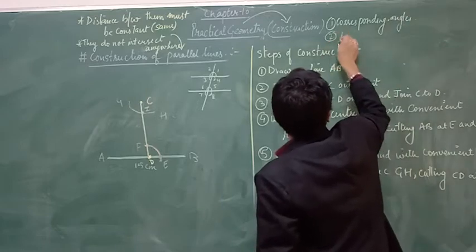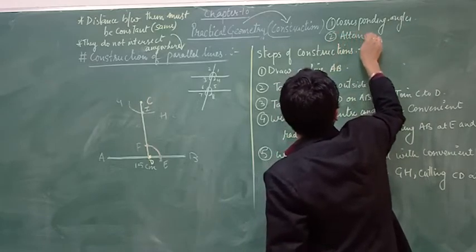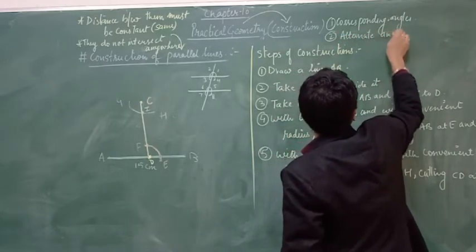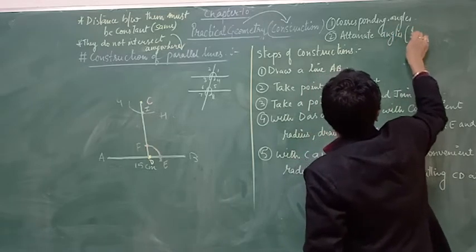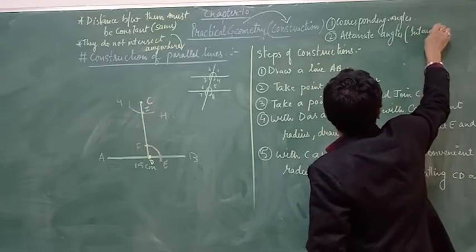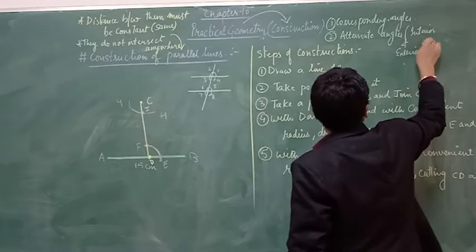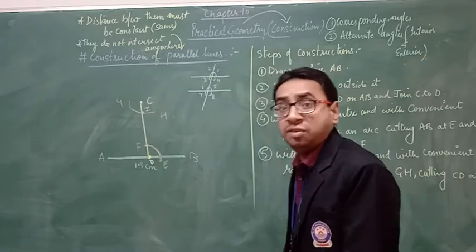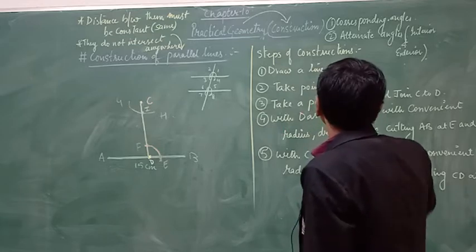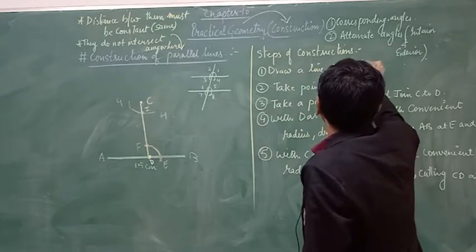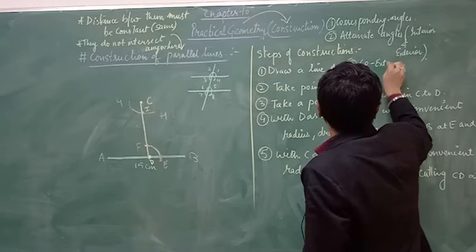We get alternate angles, in two categories, interior and exterior. Similarly, we get co-exterior and co-interior angles.